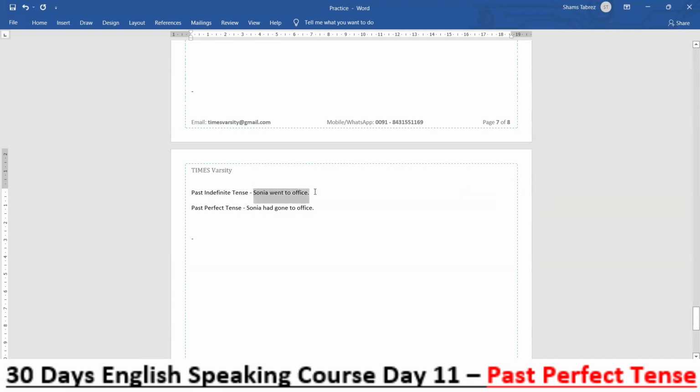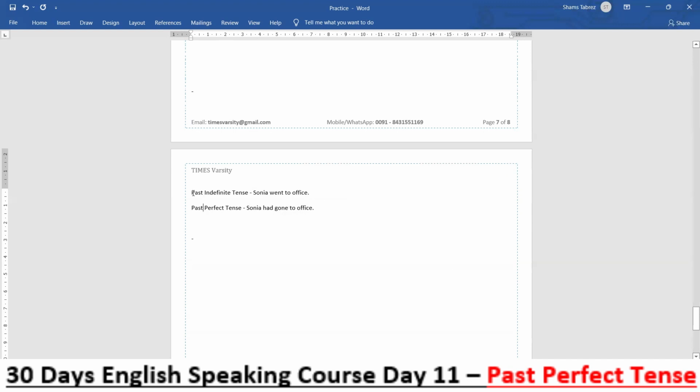If you say Sonia went to office, it's like Sonia office gaye the. When you say had gone to office, if you try to express in perfect tense, Sonia office ja chuke the. So ja chuke the, this word will come. Okay, so that makes it perfect tense.